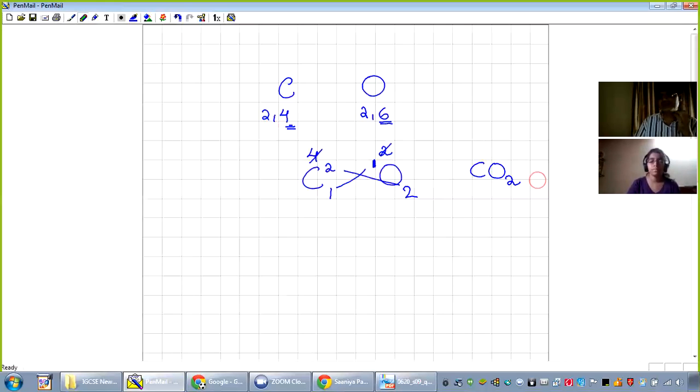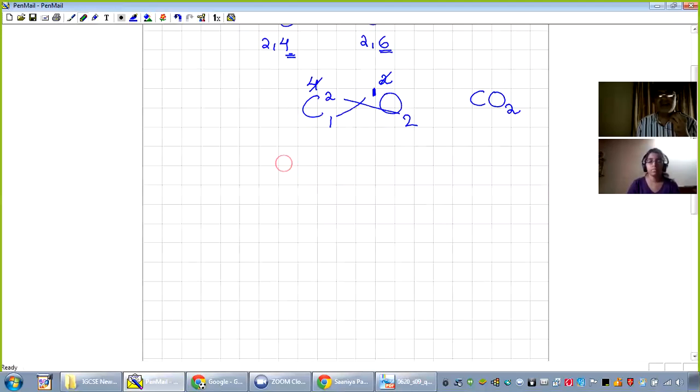CO2. Okay. Now, in terms of structure, if I am asked to draw the diagrammatic structure of CO2, that is carbon dioxide, we are supposed to show this with the help of electronic configuration, of course using valence electrons, that is only the outermost electrons. Now, here carbon is there.